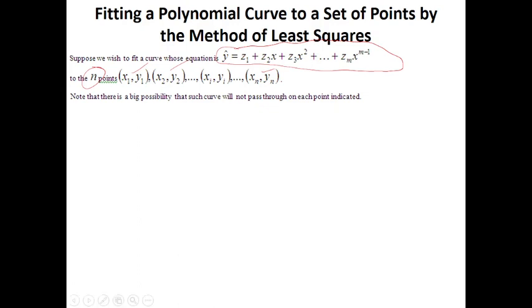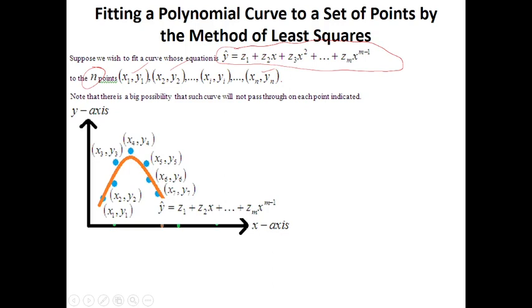For example, I have here an x and y plane wherein the points are scattered. As you notice, there seems to be a pattern of points. This is x sub 1, y sub 1, x sub 2, y sub 2, x sub 3, y sub 3, and so forth. And this is the approximated curve.